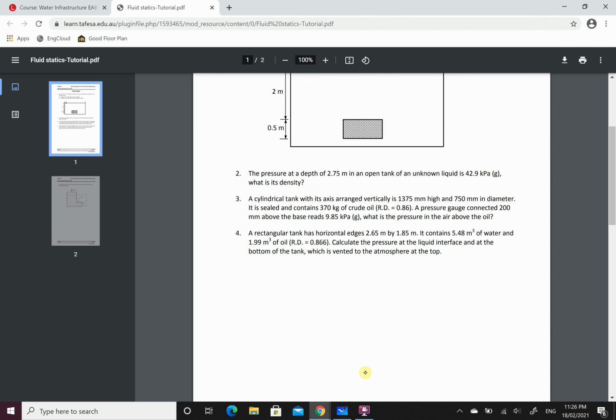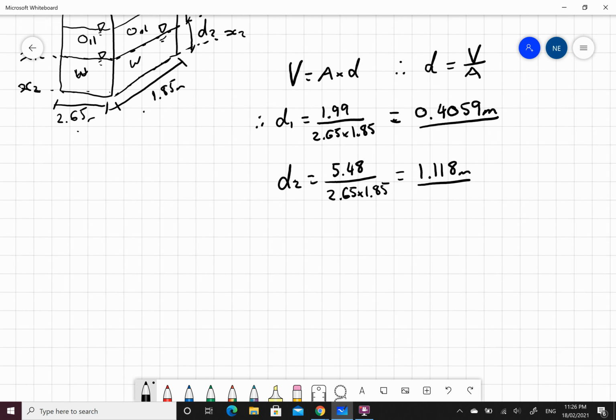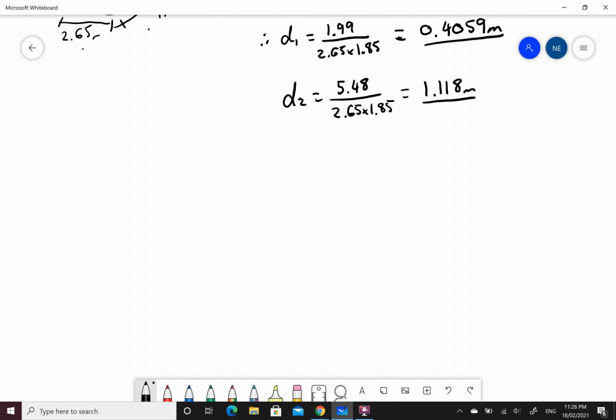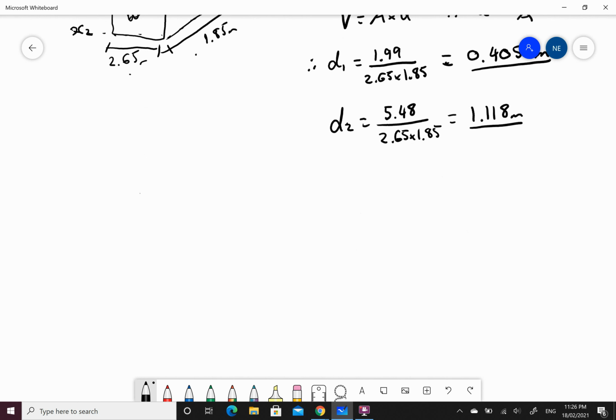Alright, I calculate the pressure at the liquid interface, where the two liquids meet, and at the bottom of the tank. So where the liquids meet, X1, bottom of the tank, X2. So, what do I know? Where the liquids meet, the pressure I have here is just the weight of the oil. So P1, this is going to be our interface.